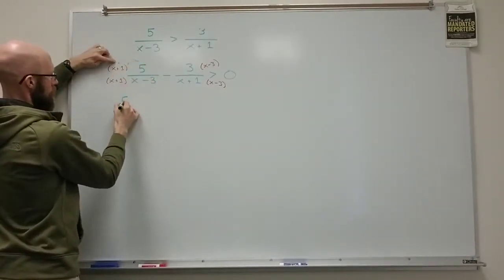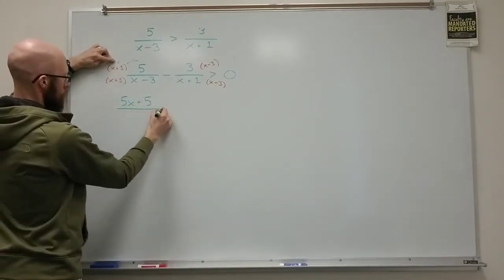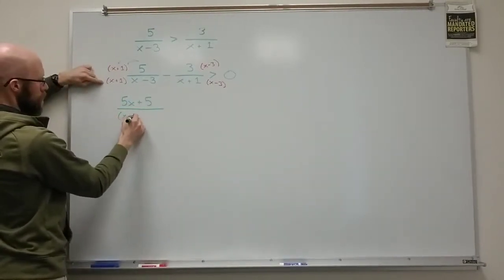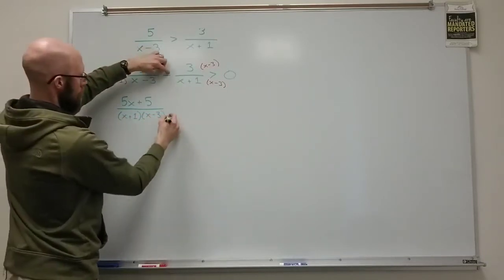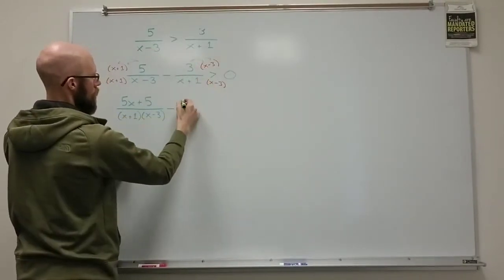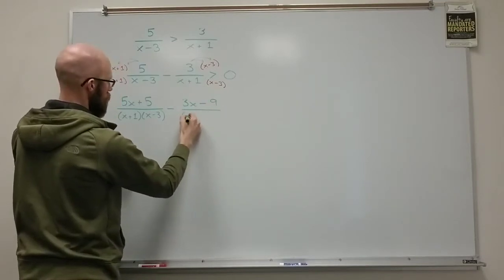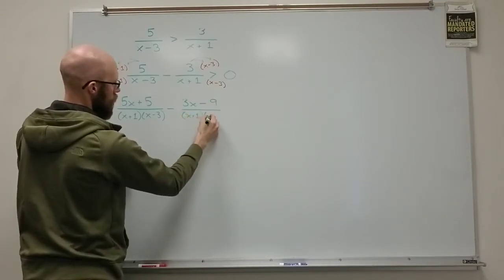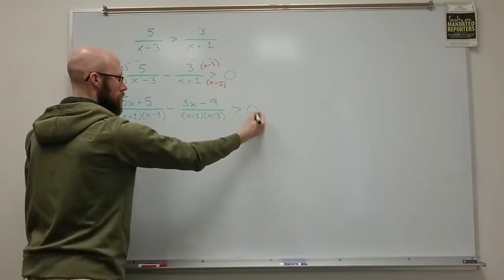So I get 5x plus 5 over the LCD, x plus 1 times x minus 3. Here, again distributing the 3, I'd have 3x minus 9 over x plus 1 and x minus 3, which is then greater than 0.